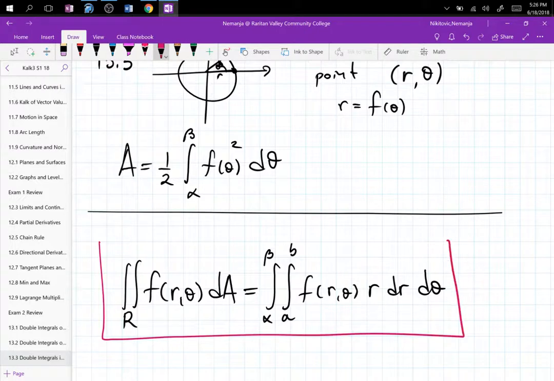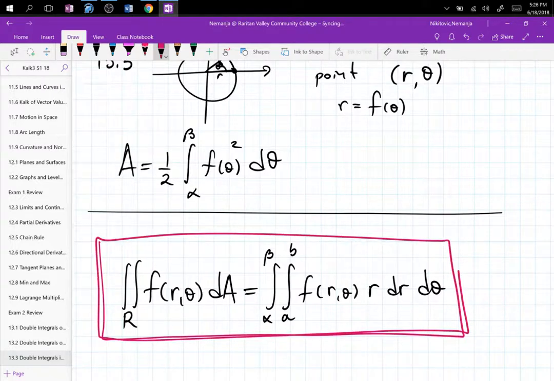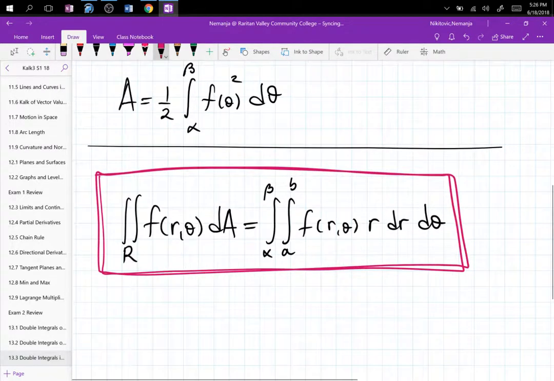So we're going to box this one. Is that always the order? Yes. So this order is not going to change.